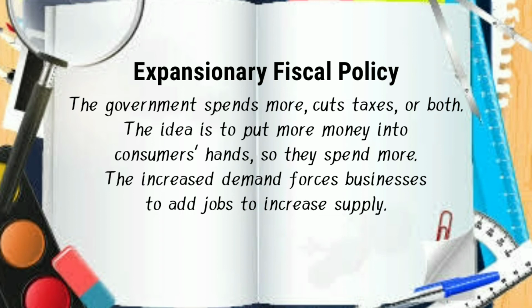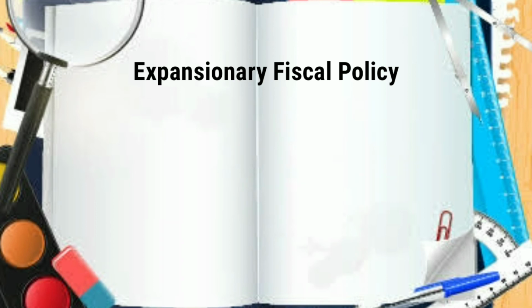The idea is to put more money into consumers' hands so they spend more. The increased demand forces businesses to add jobs to increase the supply. This happens when the economic growth is low.